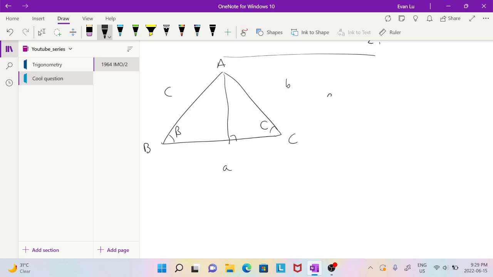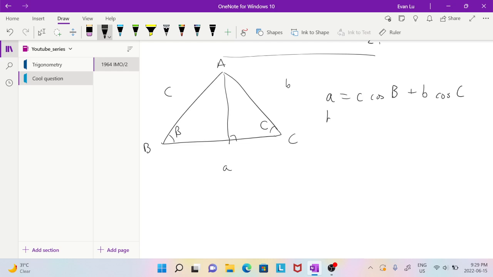So we can say that a is equal to c times cos B plus b times cos C. So this should be lowercase. Okay, so c cos B plus b cos C. And then similarly with the other ones.